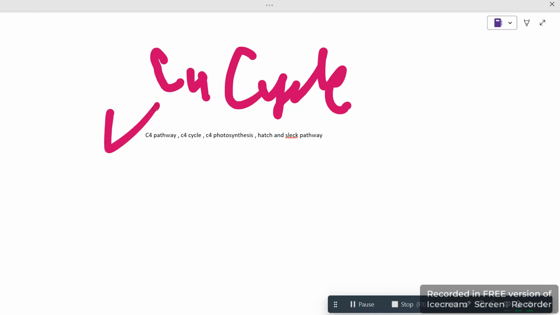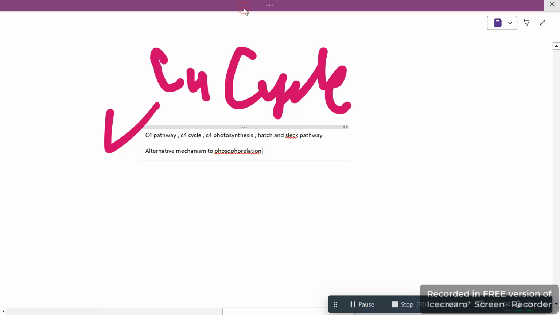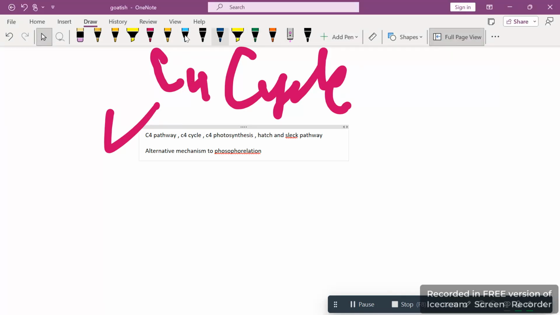Then this is an alternative mechanism to avoid photorespiration, because how?